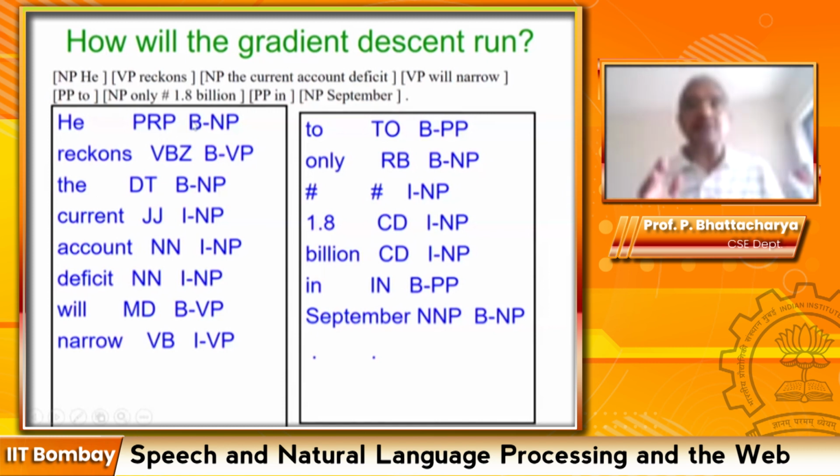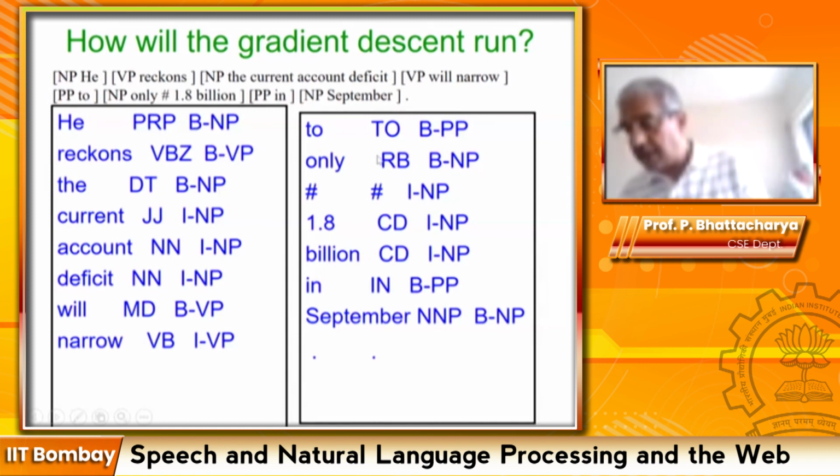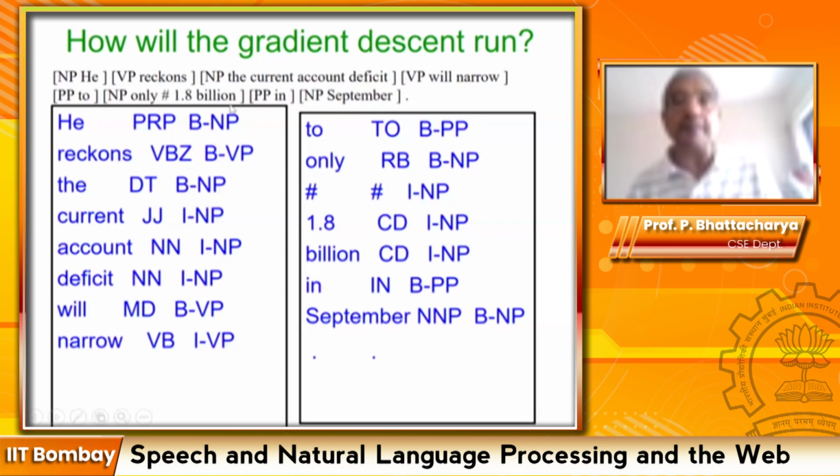Now let us concretize our discussion and see how far we have come. We will be applying gradient descent on the training data. What is given to me is these b and i values on the training data, and I have p(ti given hi) for every ith position.